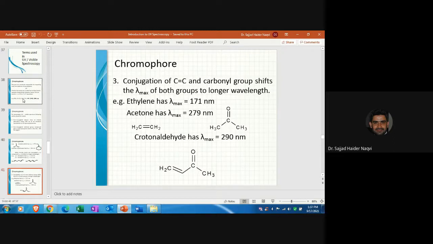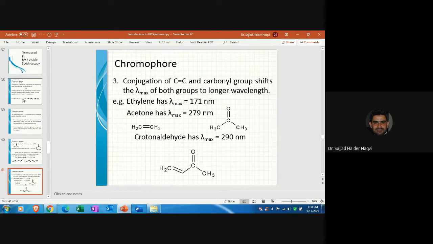Now, what actually is this conjugation doing? This conjugation of a carbon-carbon double bond or a carbonyl group is going to affect the absorption capacity of the compound, and thereby the absorption maximum will be shifted towards a slightly longer wavelength. Two examples are given here.